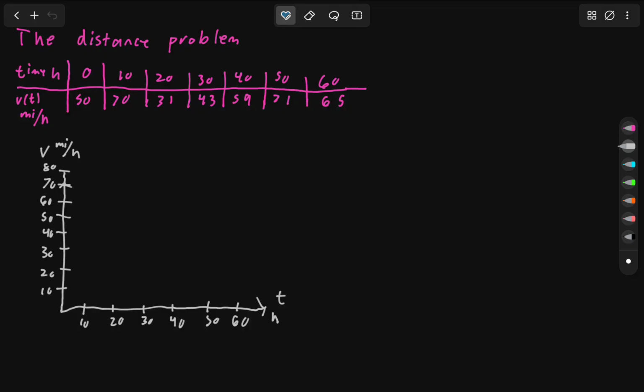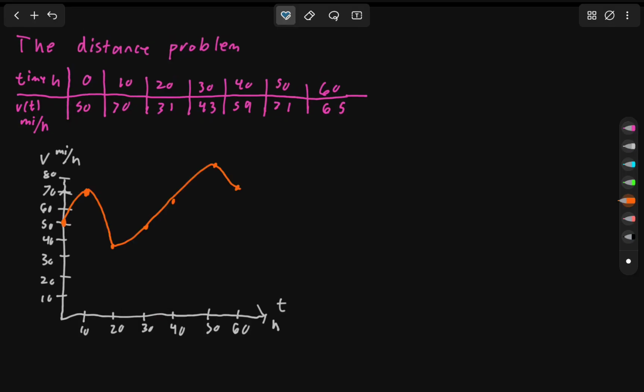Well, let me ask you this. Let's just take one small moment here. Let's plot these data points on the curve. Well, now that I've sketched this on the curve, let me ask you a question. What is velocity times time?